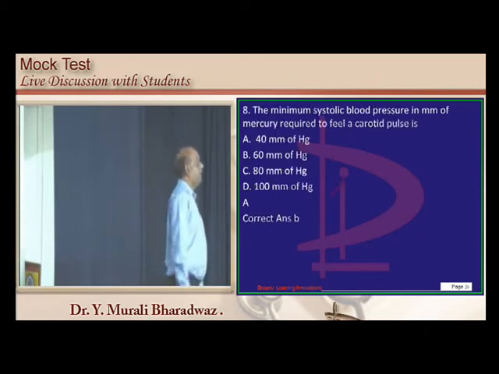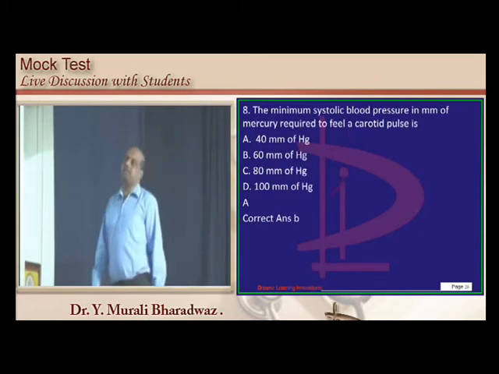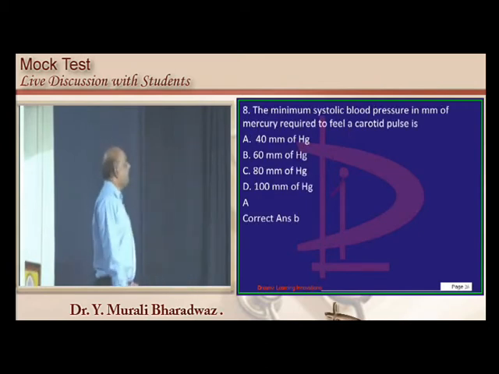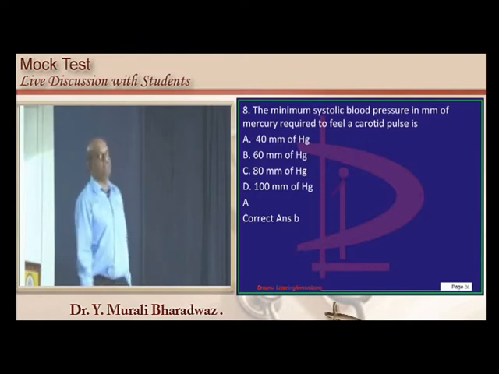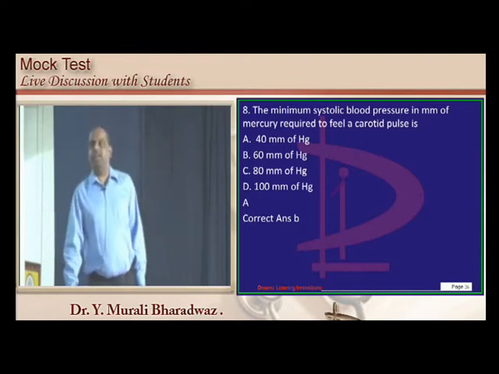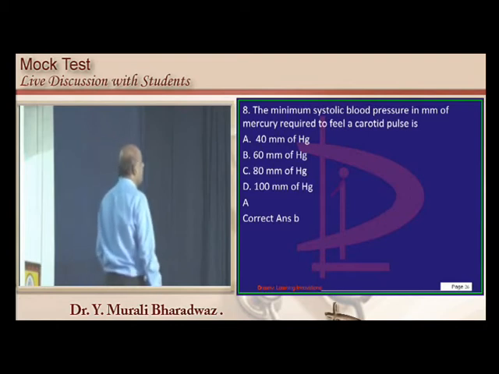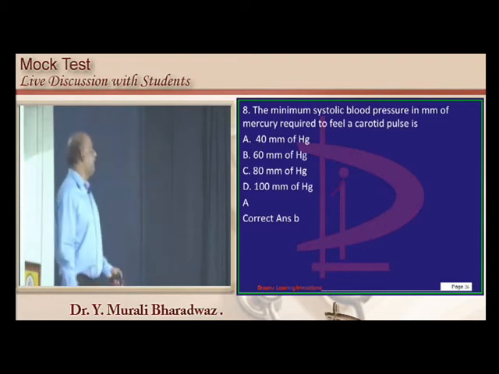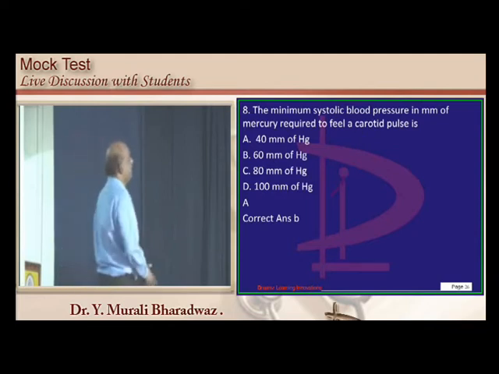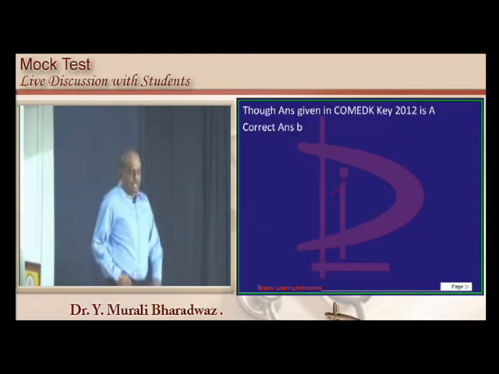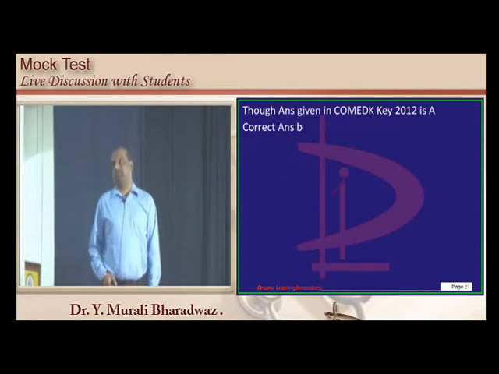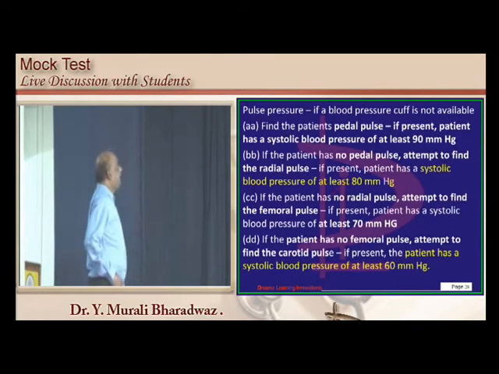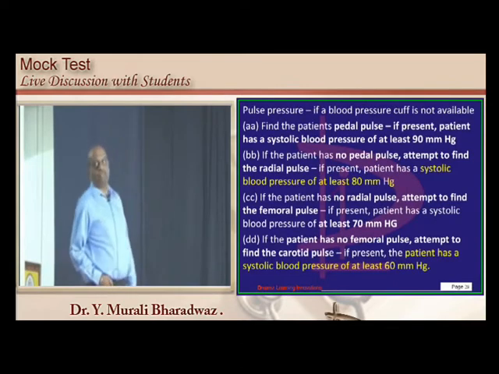In the carotid pulse, how much minimum systolic BP is required? Actually, one key that was given in the COMEDK was option A, 40, but I will give you another very good literature reference for this. Typically, pedal pulse, if you want to feel, 90 millimeters of mercury of systolic pressure should be there.